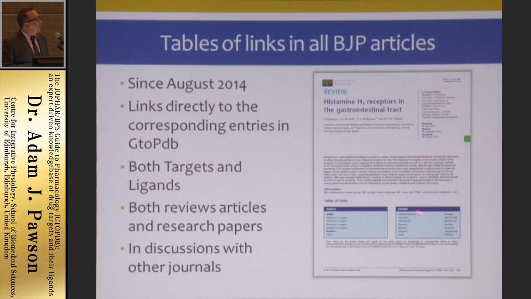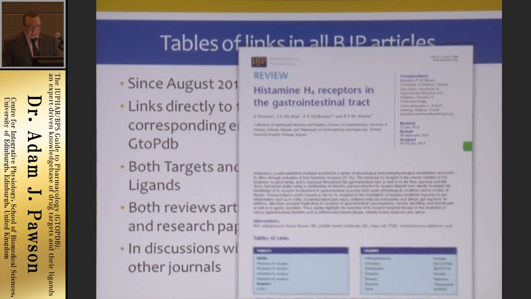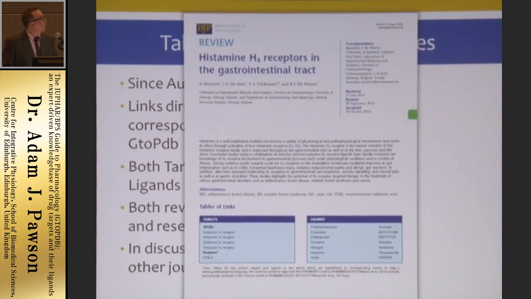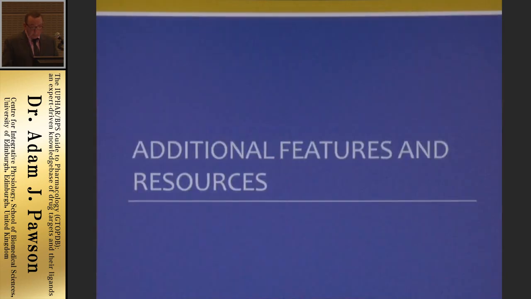These tables provide links from all the targets and ligands mentioned in the manuscript directly through to the Guide to Pharmacology website. We're in discussion with other journals to implement this sort of functionality as well. This is a close-up of what the target and ligand tables look like in BJP.